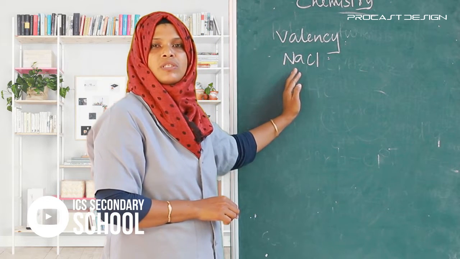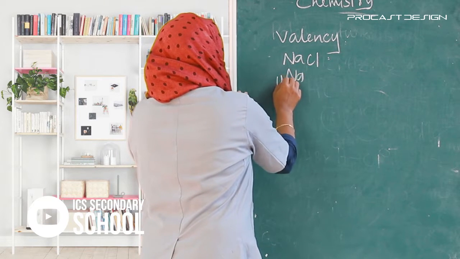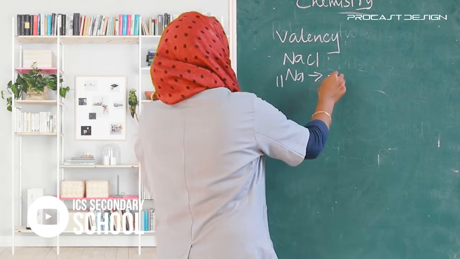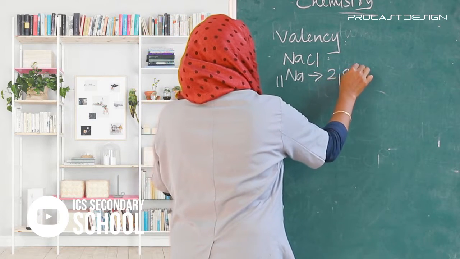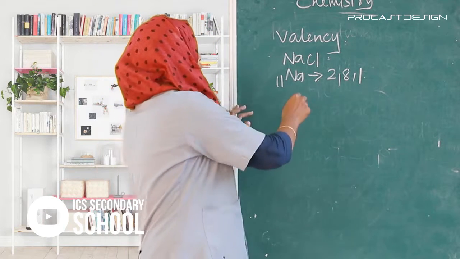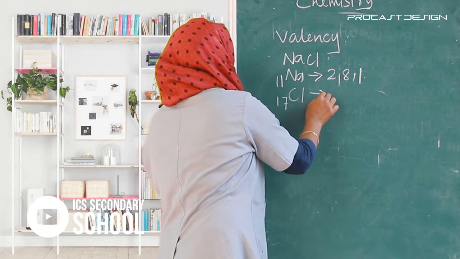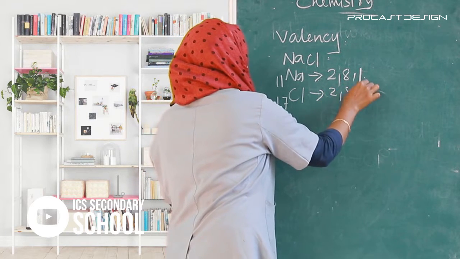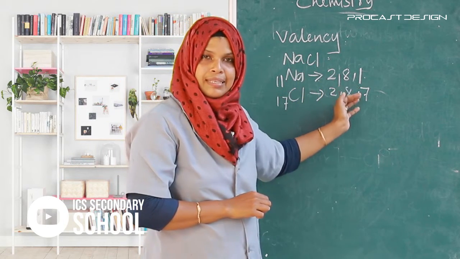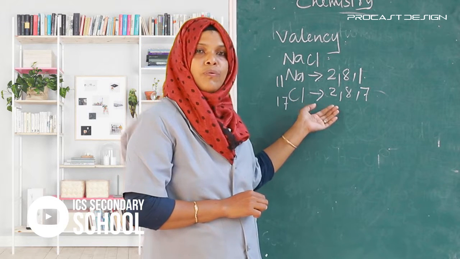The atomic number of sodium is 11 and its electronic configuration is 2, 8, 1. Chlorine is 17, with configuration 2, 8, 7.